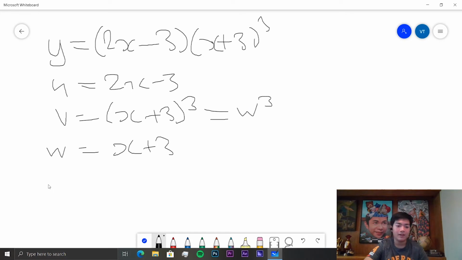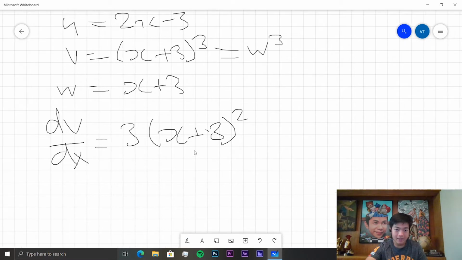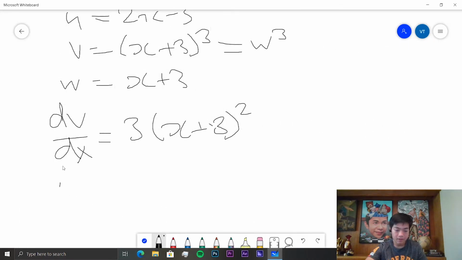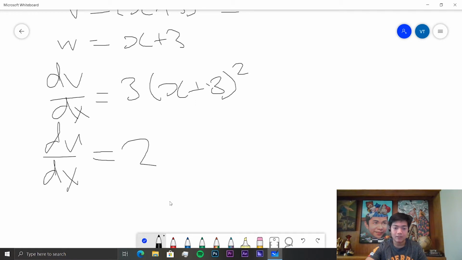First we want to find dv over dx, and that will be equal to 3 times x plus 3 squared, using the chain rule. If you don't know what chain rule is, watch my previous video. Now we need to find du over dx. Let's look at what u is, 2x minus 3, so this is simply 2.